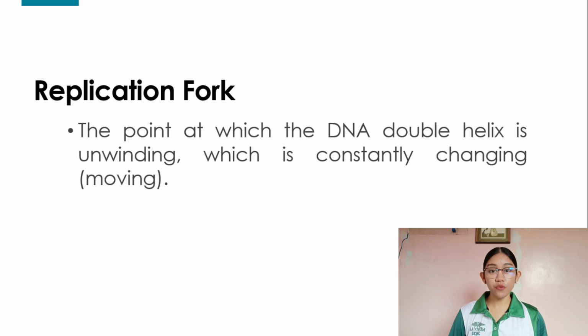Now, one thing we need to remember is the replication fork. The replication fork is the point at which the DNA double helix is unwinding, which is, of course, constantly changing or moving. Now, what does this mean? Diba ang DNA helicase, mumana siya ang maggunting sa hydrogen bonds between the complementary bases?